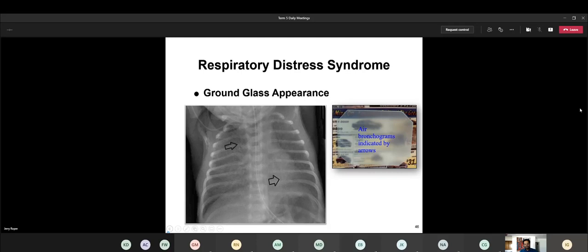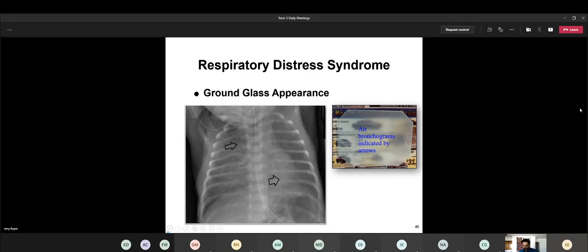So anytime there are these little air bronchograms showing up in different places of the lung, that's also characteristic of an RDS or an ARDS. You now have all this hazy white acting almost like a white background, and then you've got your black represented by the air inside of the airways.